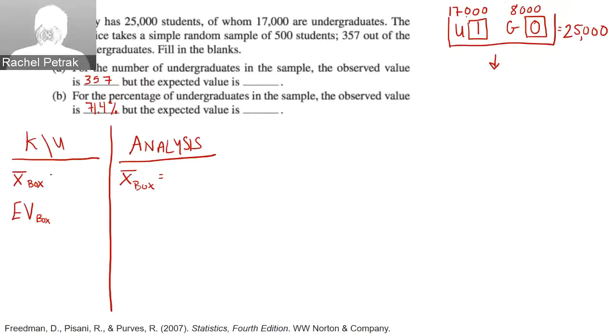To get the mean of this box, we're just summing the ones and zeros here. We already know there's 17,000 ones out of a total of 25,000 possible participants.